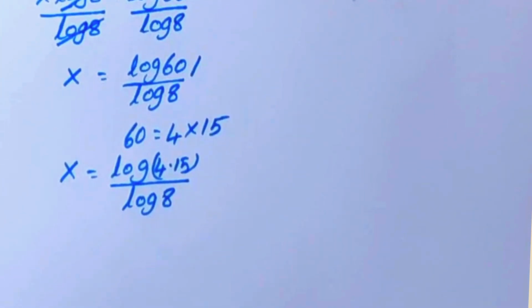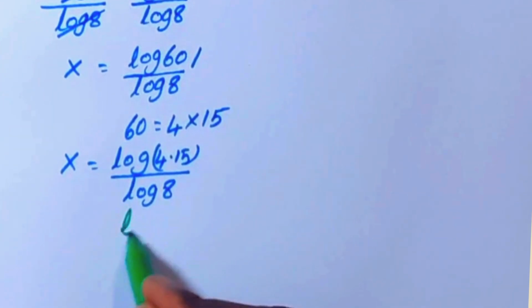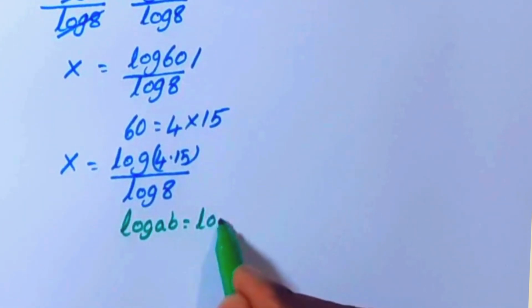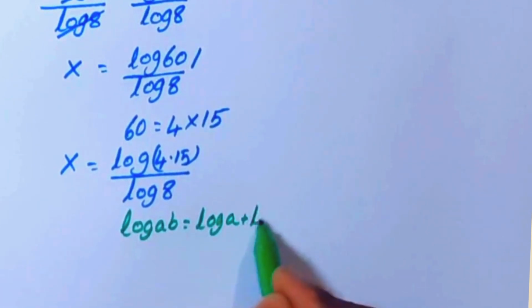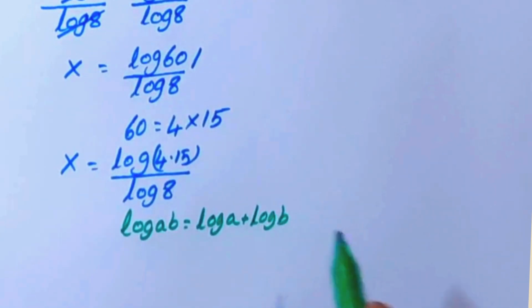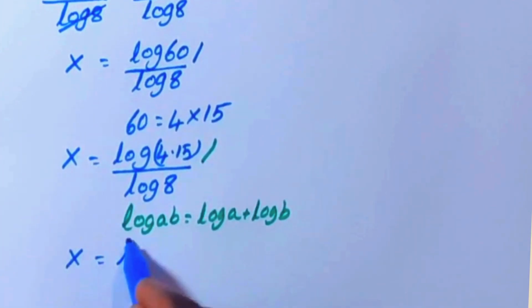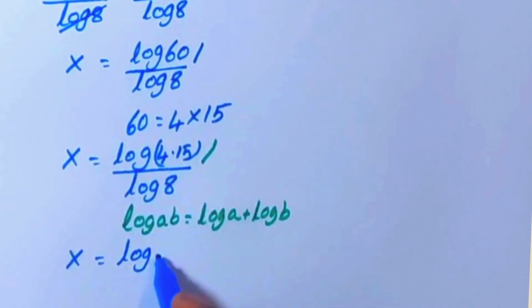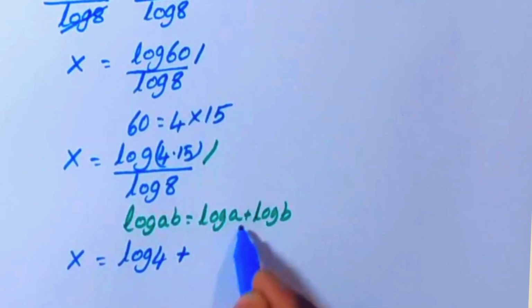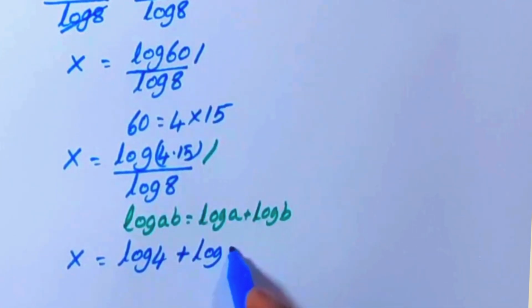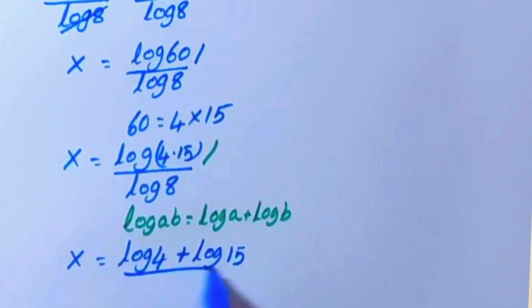Now as per the log product formula, log AB equal to log A plus log B. We are going to implement this here. So x equal to log 4 plus log 15, all by log 8.